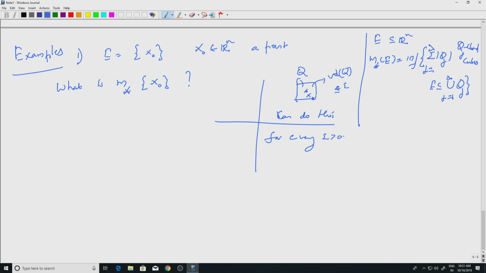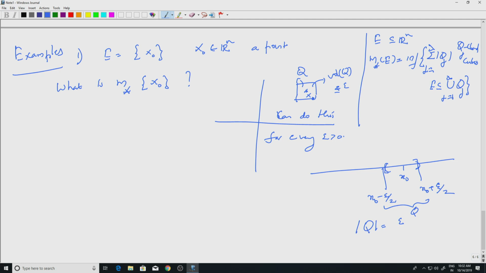For example, on the real line we are looking at one point x naught and you can cover it with an interval. So, here the closed cube will be a closed interval, say x naught minus epsilon by 2 to x naught plus epsilon by 2. This is my Q. What is the volume of Q? This is simply epsilon, and I can do this for every epsilon.